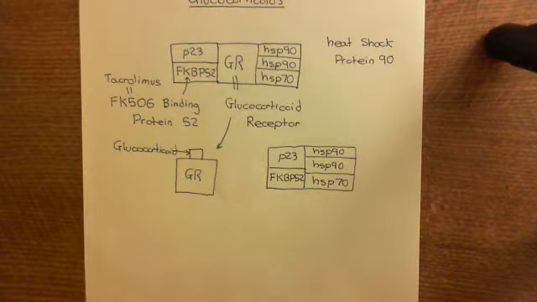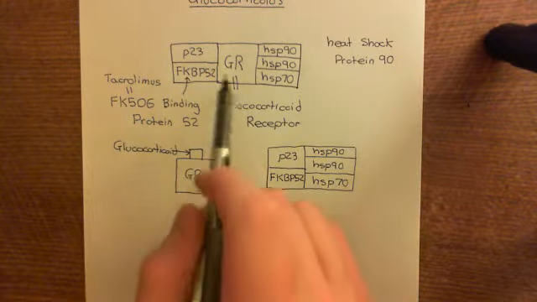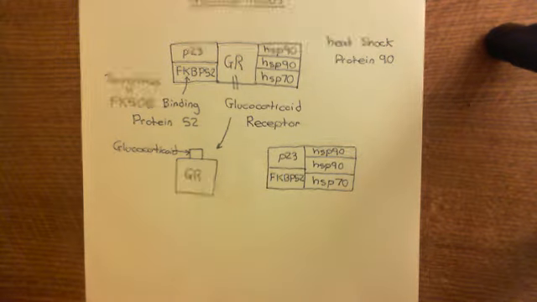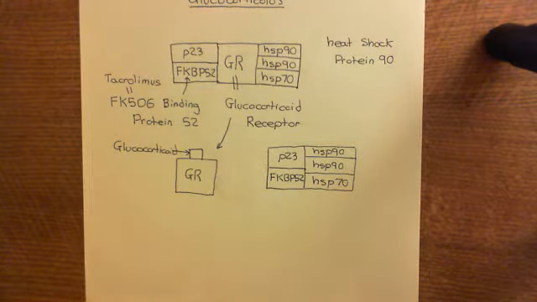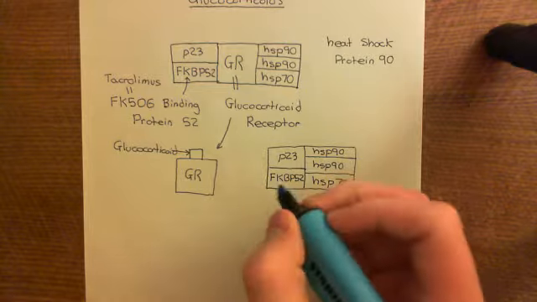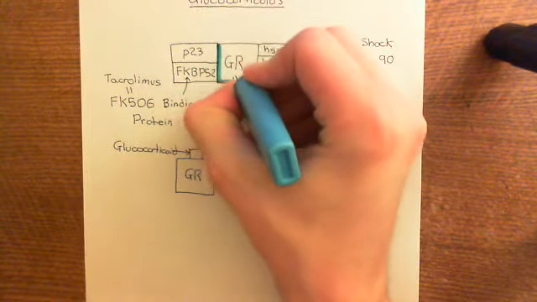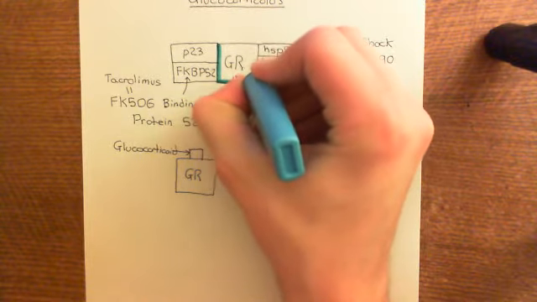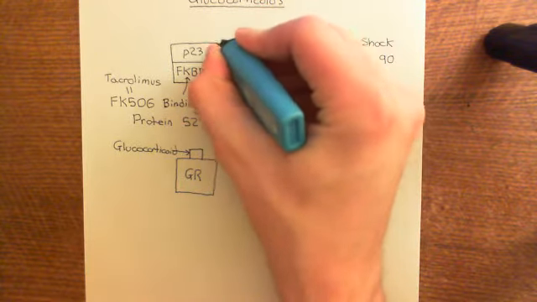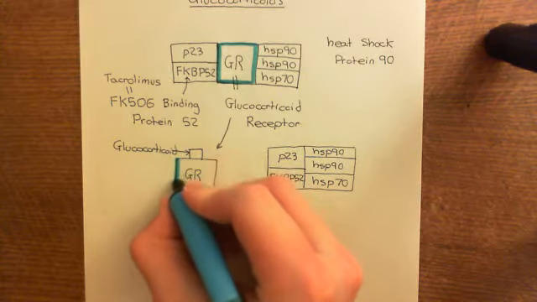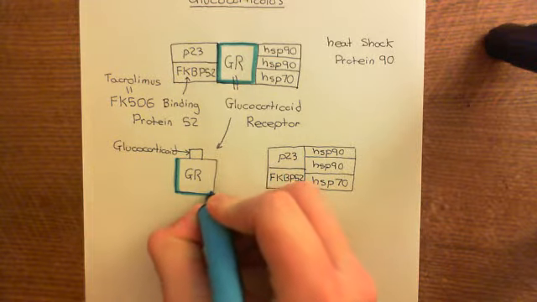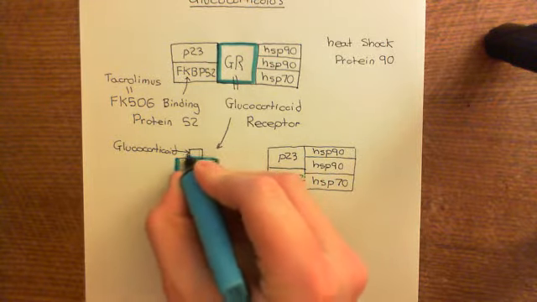Okay, so we've seen that glucocorticoids are going to go into cells and bind to the glucocorticoid receptor, GR here, and cause the dissociation of the glucocorticoid receptor from this complex of other proteins. So let's colour in the glucocorticoid receptor since it is the star of the show. We'll colour it in blue here. Now, these glucocorticoid receptors are then going to dimerize together.